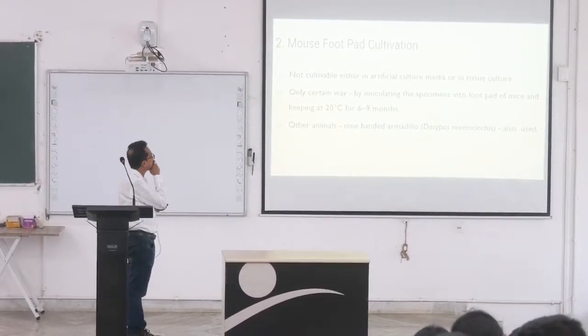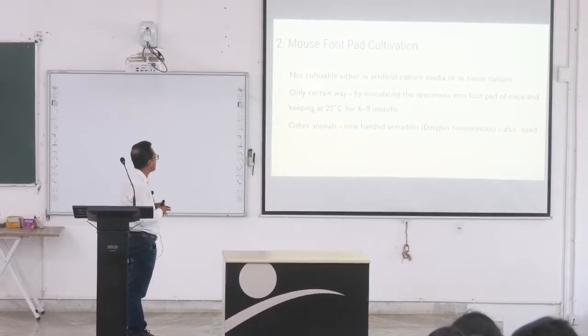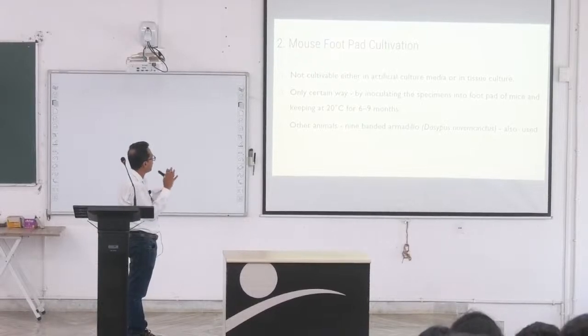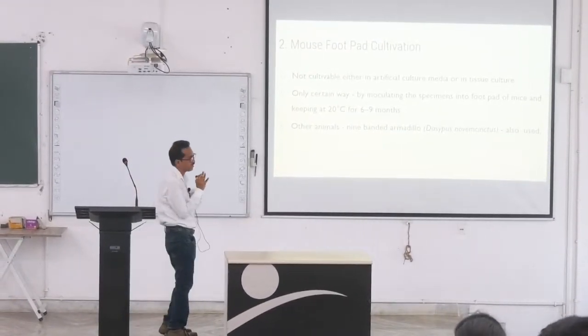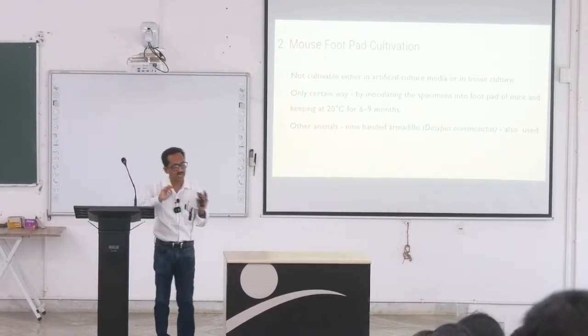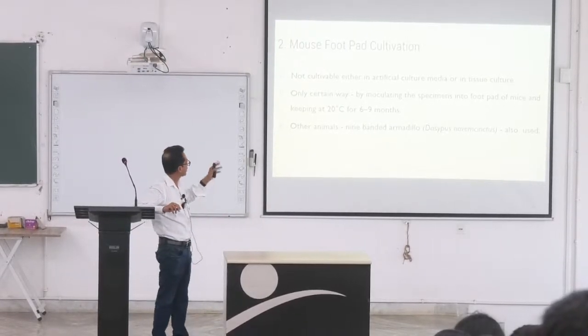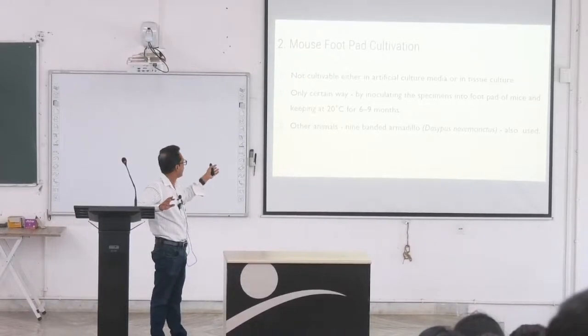Now, if it is not cultivated on artificial media, can it be grown? Yes, it can be grown in the foot pad of mice, kept at 20 degrees centigrade for 6 to 9 months. You have to inoculate the leprosy bacilli into the foot pad of mice and keep it for 6 to 9 months at 20 degrees centigrade for growing.